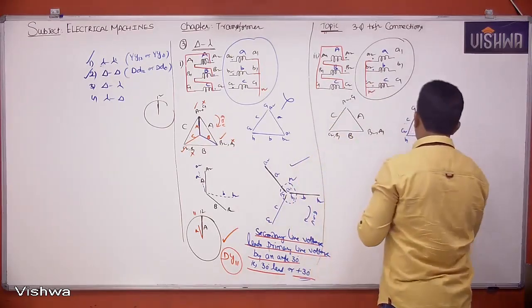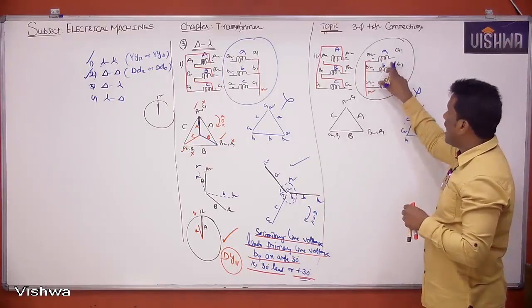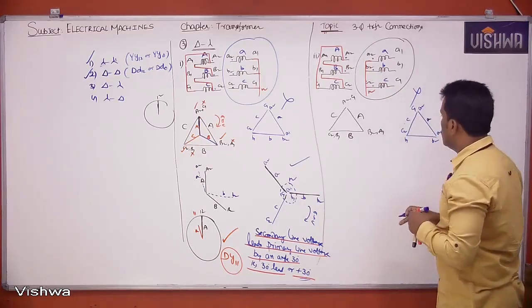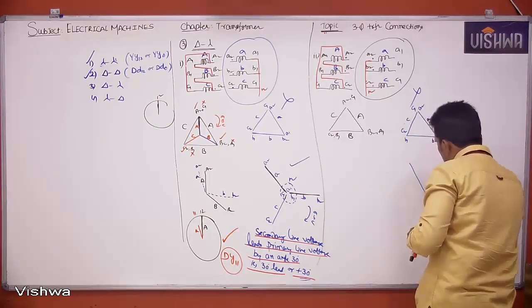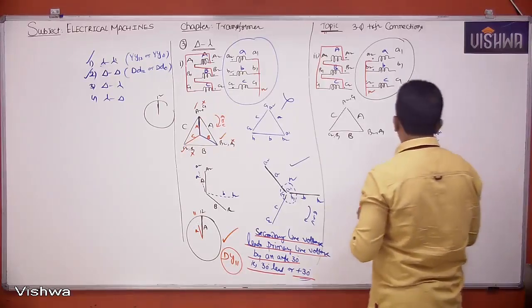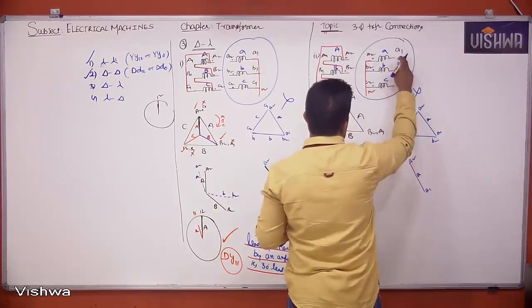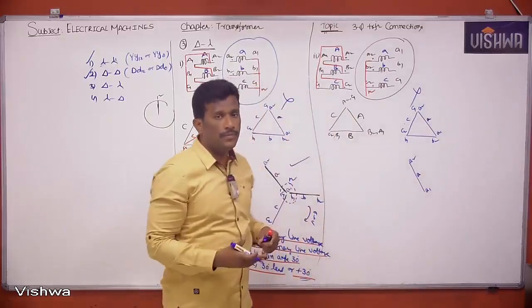You see, this one is wrong. Why? Your secondary is star, but you just drew delta. So just take any one reference. I took A1, A2 as small a. Observe clearly, A1, B1, C1 are connection terminals. There I am just taking the output.